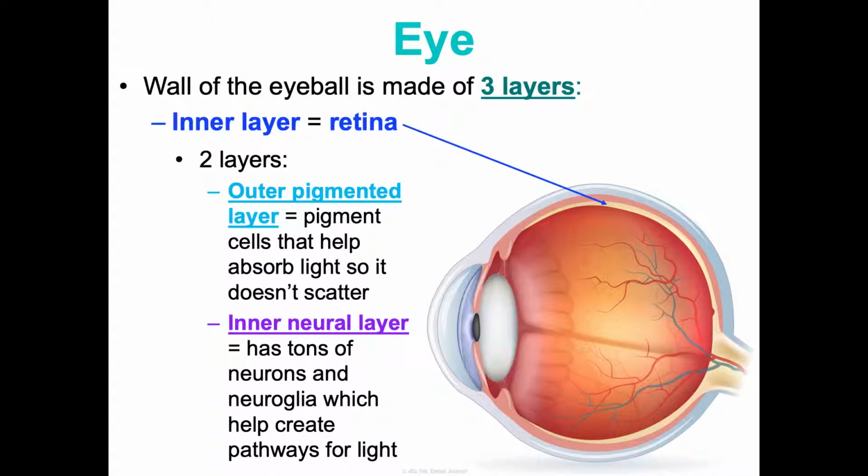Issues with myopia, which is nearsightedness, and hyperopia, which is farsightedness, have to do with how the light gets focused either in front of the retina or behind it rather than on it. That's why some people have to wear contacts or glasses.